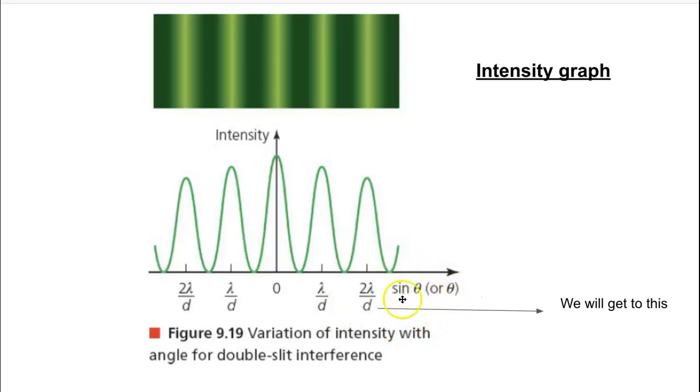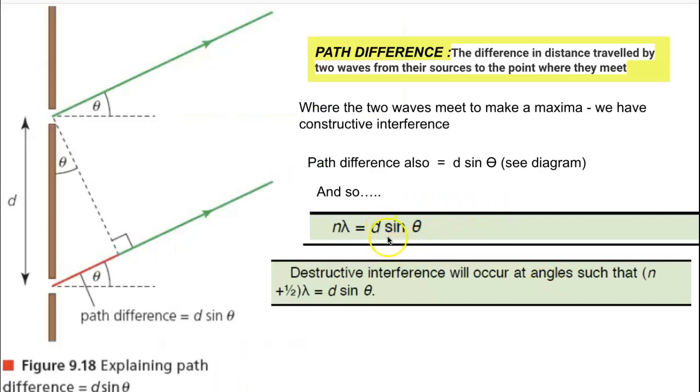You can see this is on the x-axis. Now, this comes from this equation. So the position on the x-axis relates to sine theta, and if you rearrange this equation, n lambda over d is equal to sine theta.